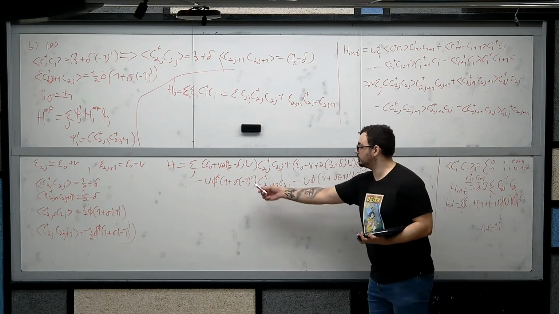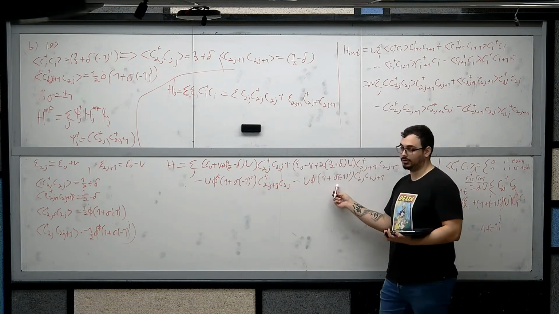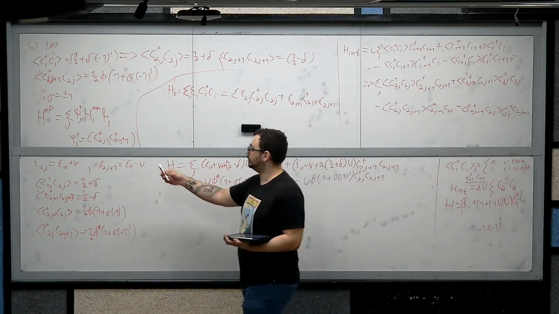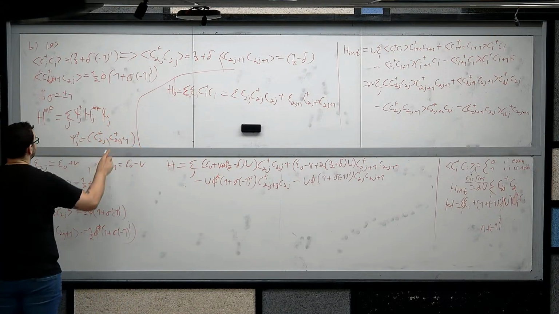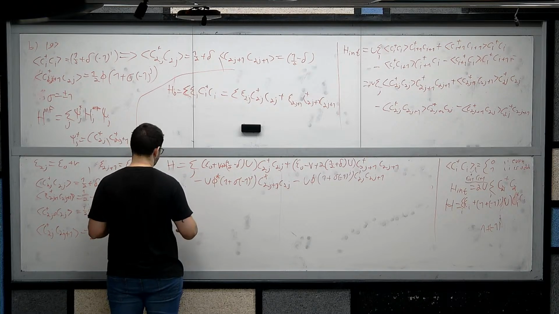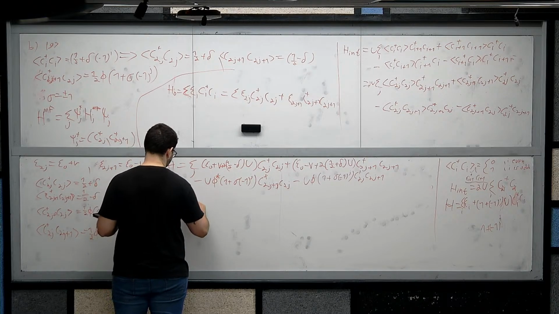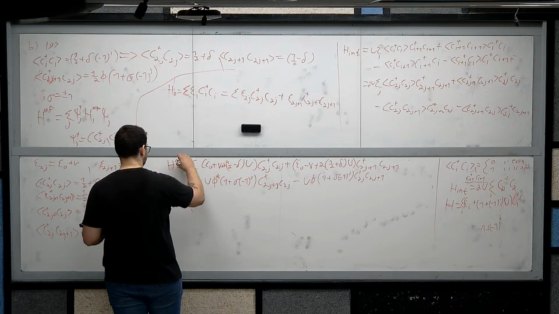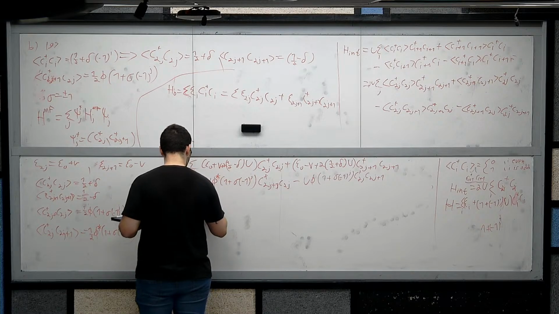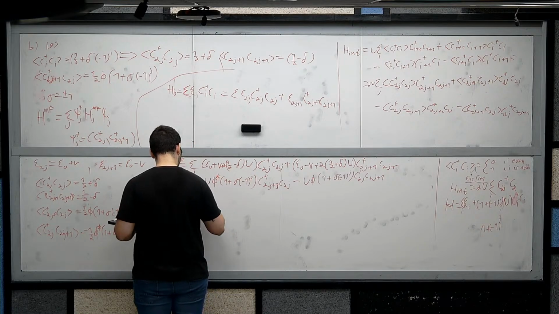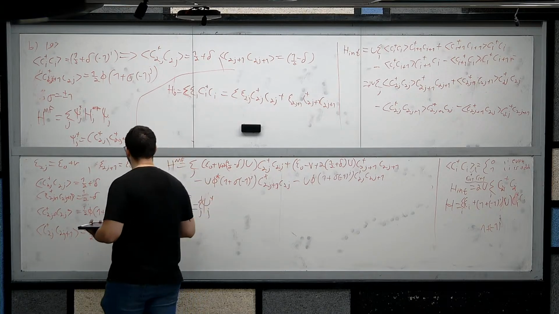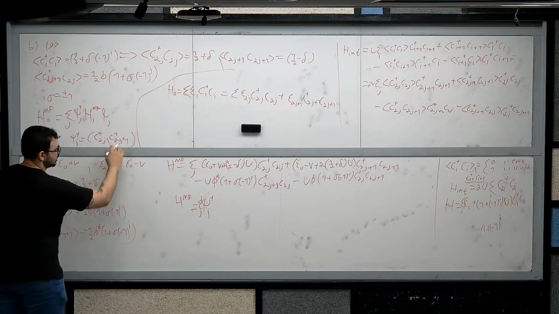Now those 1, 2, 3, 4 terms will be the terms of our matrix given here. So H equals the sum of psi j dagger, then we see the first term is the even, the second term is the odd.